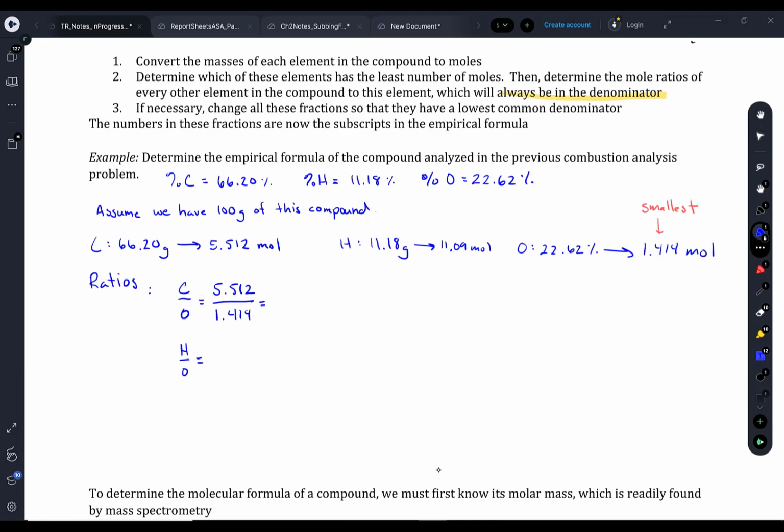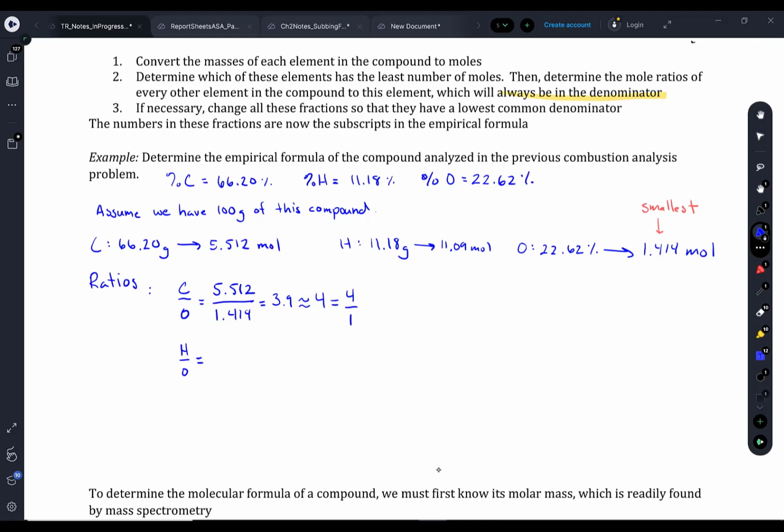I'm getting about 3.9-ish, which is very close to, this is approximate, right? 4. And how do I write 4 as a fraction? Four over 1, right? Good. We always want to end with a fraction.